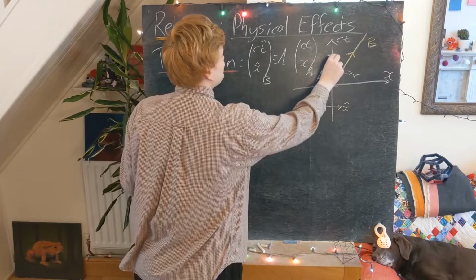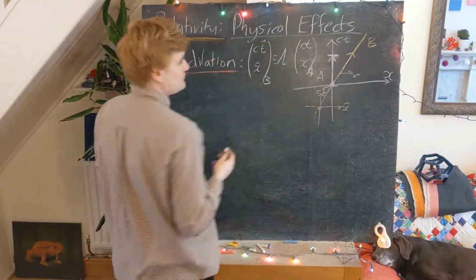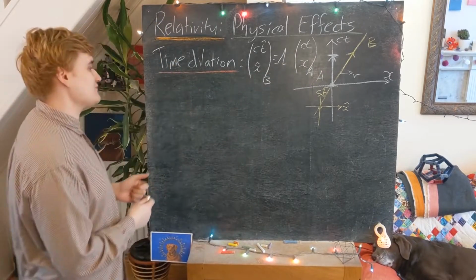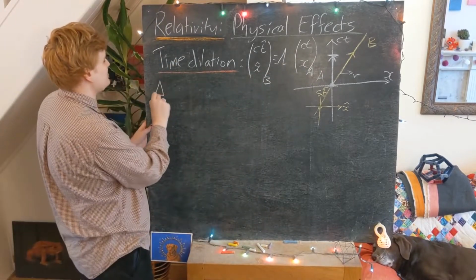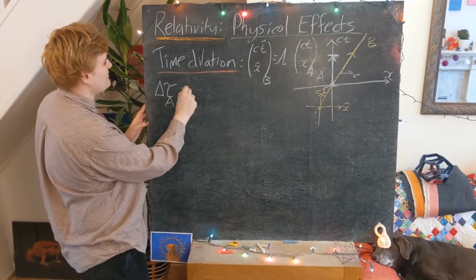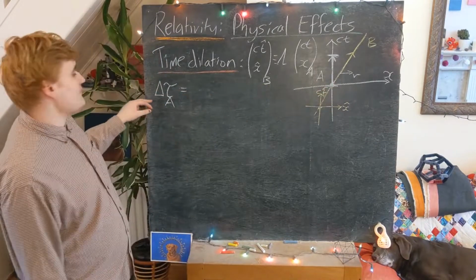I can just now represent effectively by a vector that just points along the time axis and has the length of the interval. So I can say that a delta of proper time in the A frame is just now measuring the time interval from the origin.